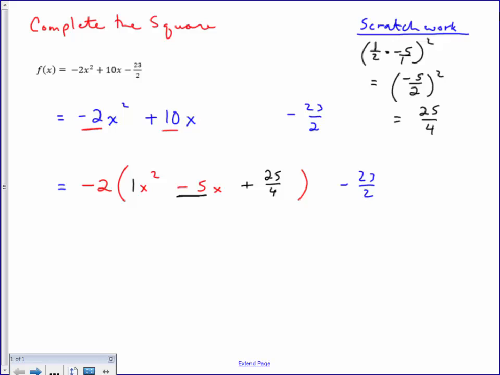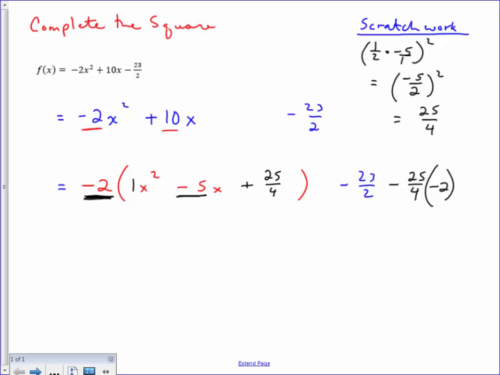Now, instead of simply subtracting out 25/4, I have to subtract out not only 25/4, but 25/4 multiplied by whatever value I have in the front. So 25/4 times -2. The -2 that I have on the outside of my parentheses would be understood to be distributed to all 3 terms that are on the inside of that group.